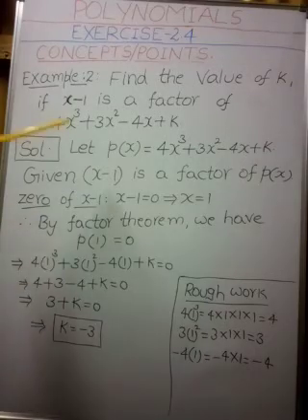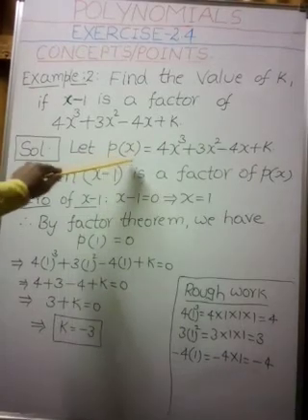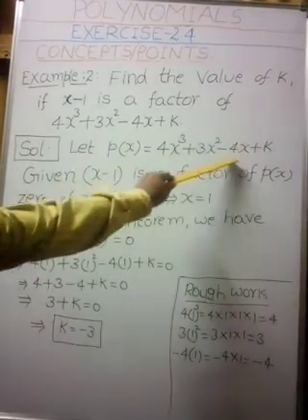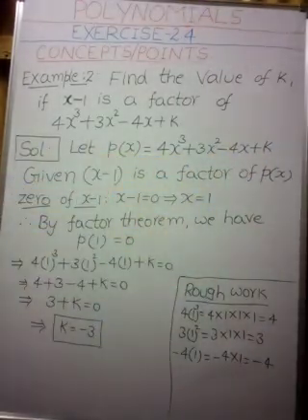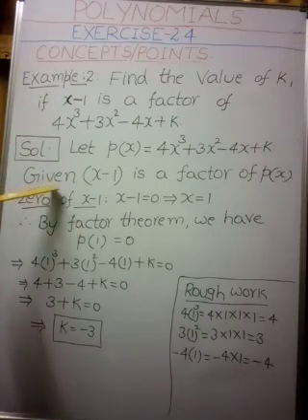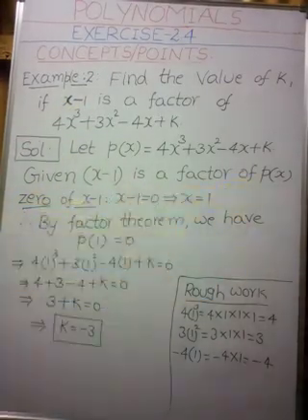So let us consider the given polynomial is p of x. So let p of x is equal to 4x cube plus 3x square minus 4x plus k. We are assuming the given polynomial is p of x. Understood that step, my dear children? Right. What is given here? X minus 1 is a factor of p of x.